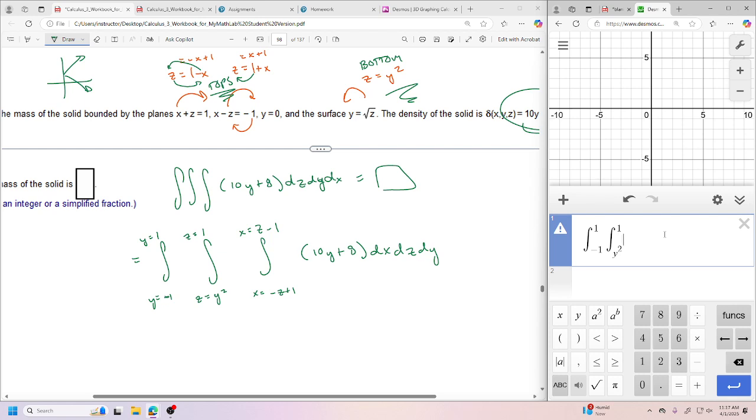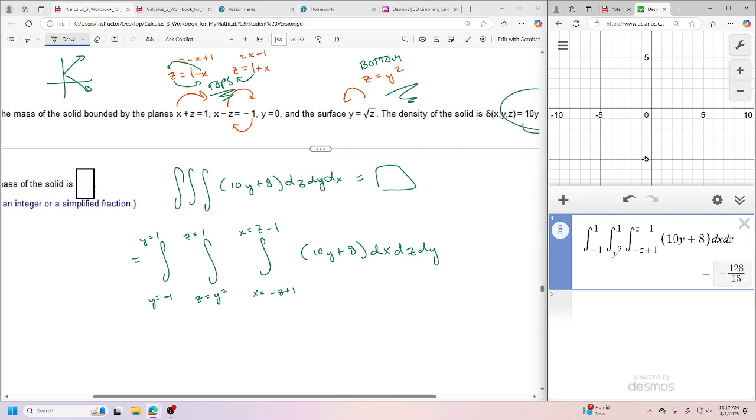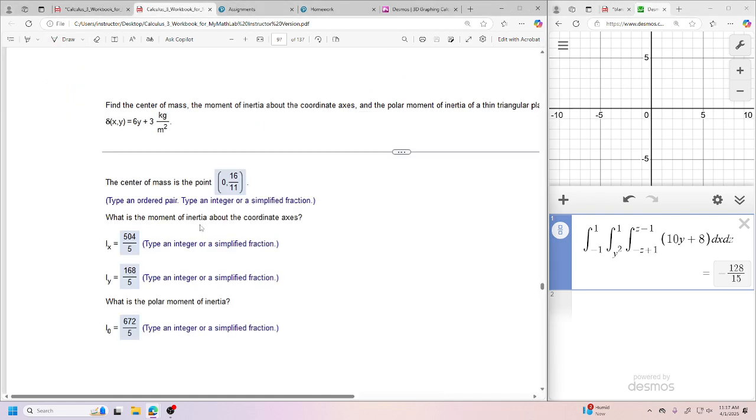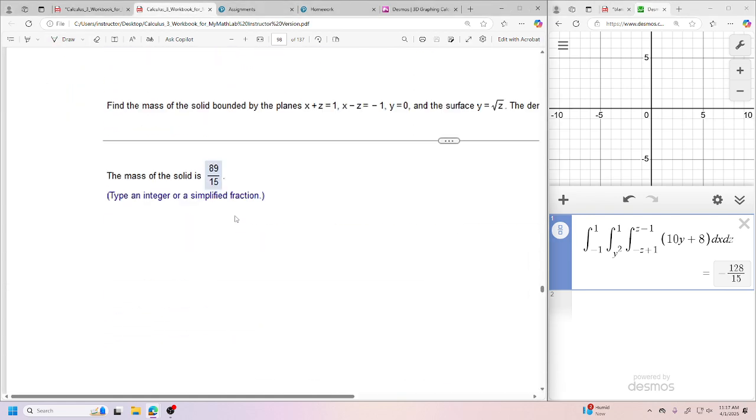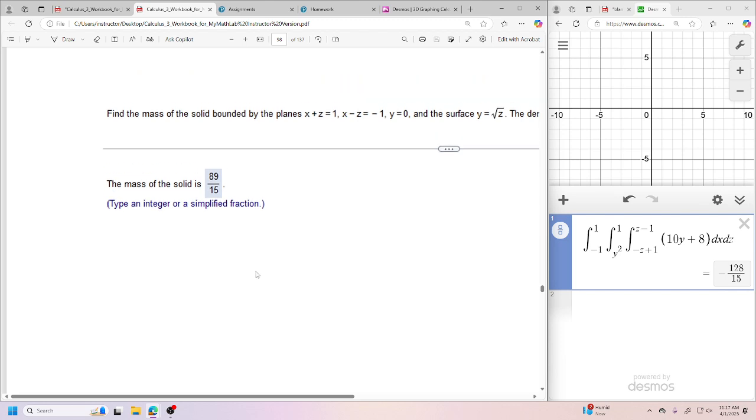I'm really suspicious of some of these. dx, dz, dy. At least it's somewhat coherent. Flash the answer. Not that one. We're close. Okay, we got the 15 at least. Technical details.